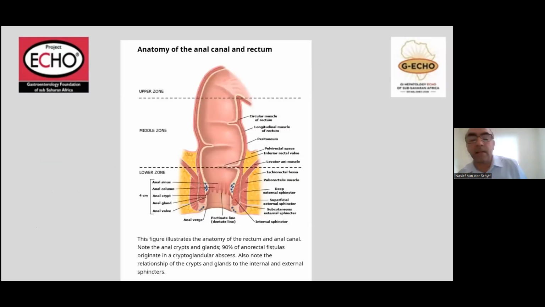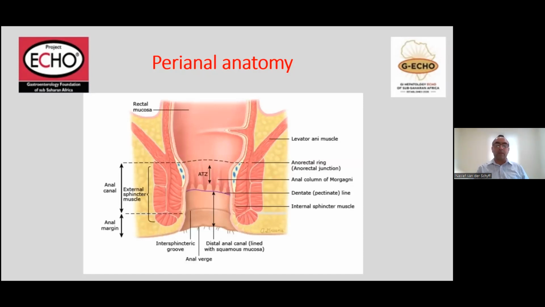So just to remind us of the anal anatomy and the rectum, this particular slide shows us the rectum, the upper, middle, and lower third of the rectum. As we zoom in, looking at the peri-anal anatomy, this is what we need to know and understand. The most important part, I would say, is understanding the sphincter.